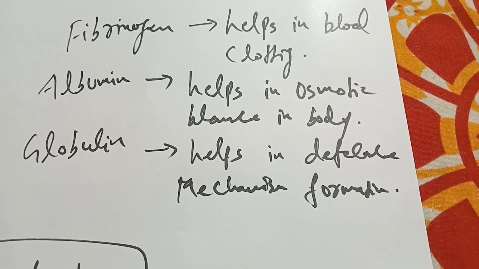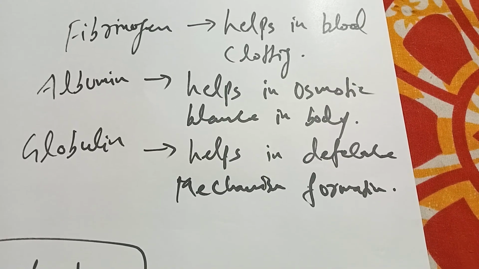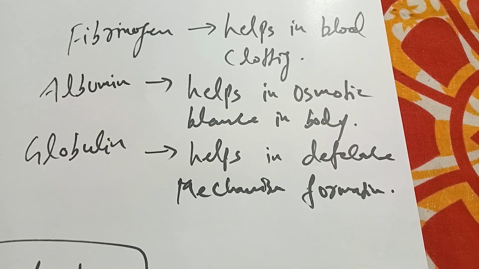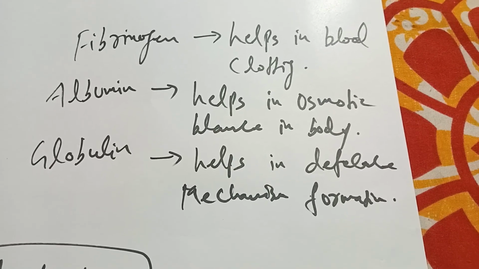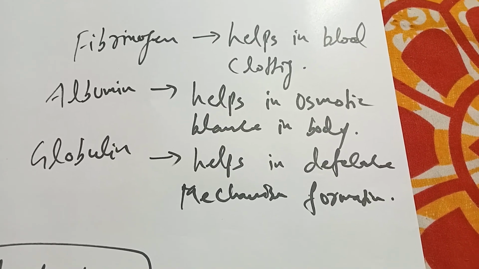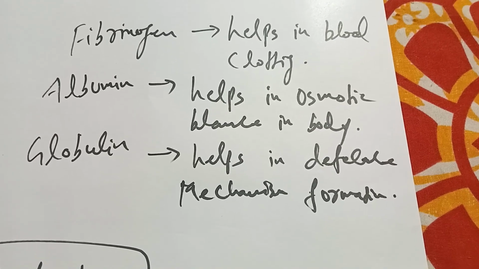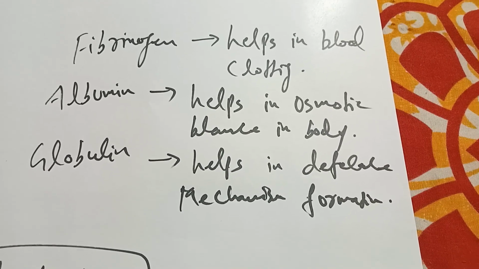So these proteins are present in plasma: fibrinogen, albumin, and globulin. Fibrinogen helps in blood clotting during injury, preventing blood loss from the body.